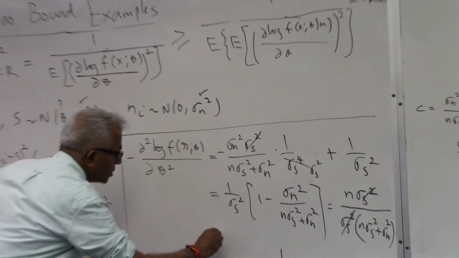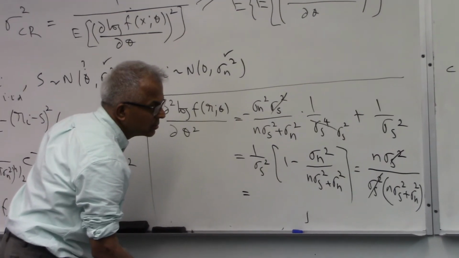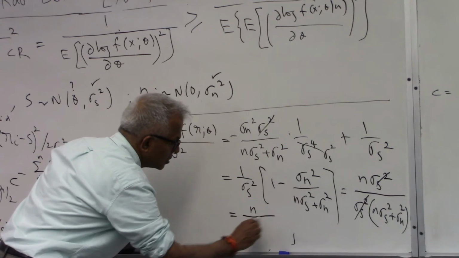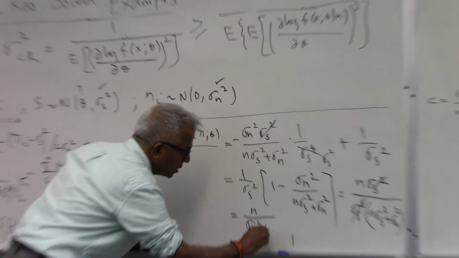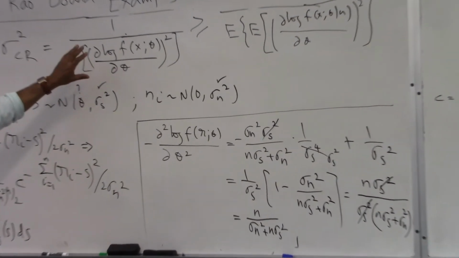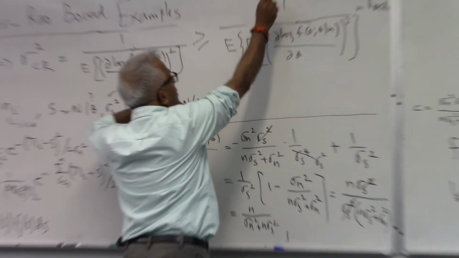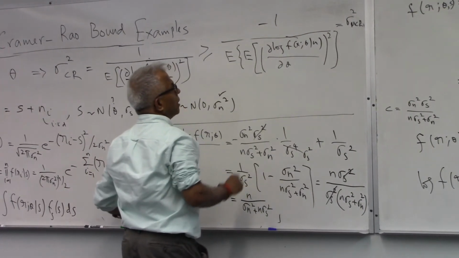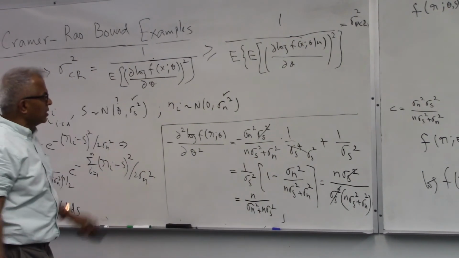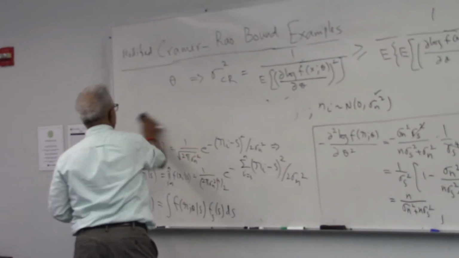So we get this result to be what I have there: n over sigma n squared plus n sigma s squared. So the Cramer-Rao bound is here. We just found the second derivative with the negative sign, right? The Cramer-Rao bound is either this or the second derivative. So I have the second derivative. Let me just put it here.